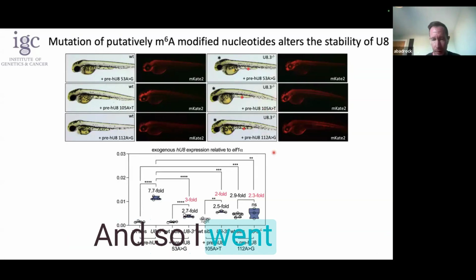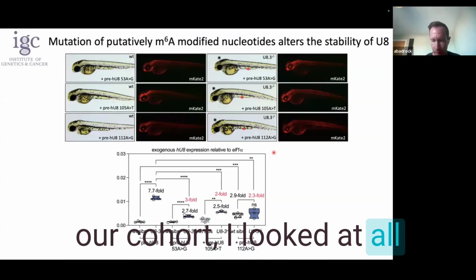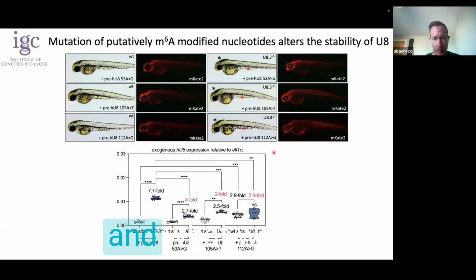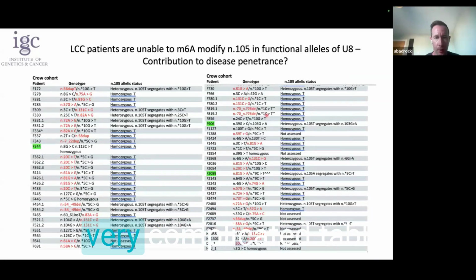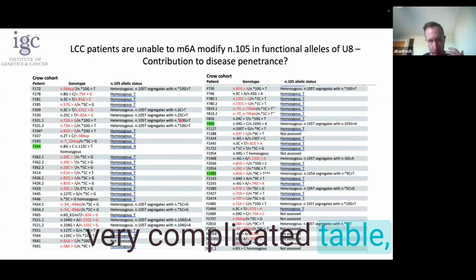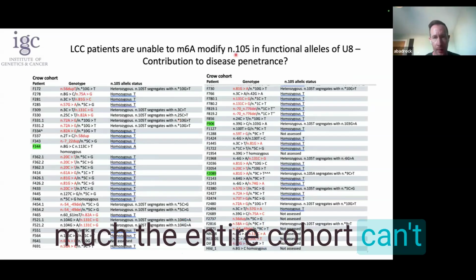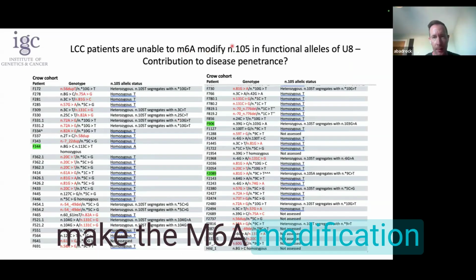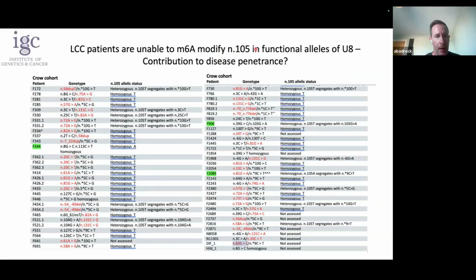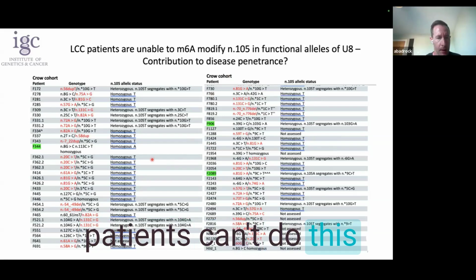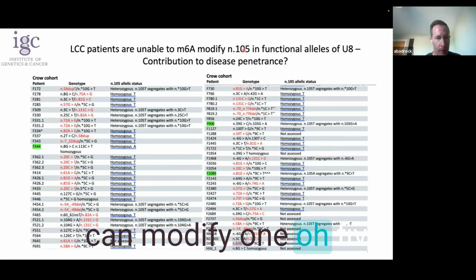And so I went through our cohort, I looked at all the sequence variation, and what was really surprising, and this is a very complicated table, is that it appears that pretty much the entire cohort can't make the M6A modification at position 105. So we were only able to interpret this because of the zebrafish data. There are only 3 patients that can modify 105.